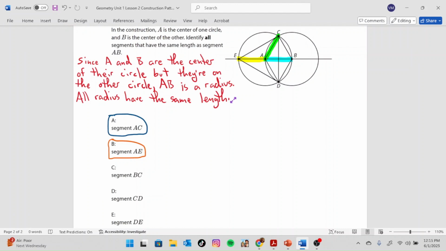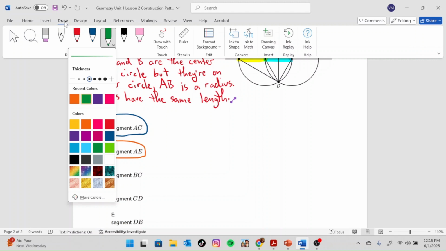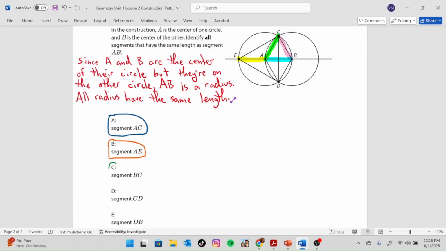Then we can look at segment BC. It goes from the center of the right circle up and out to the circle. Therefore, it is also a radius. And that means BC is also the same length.